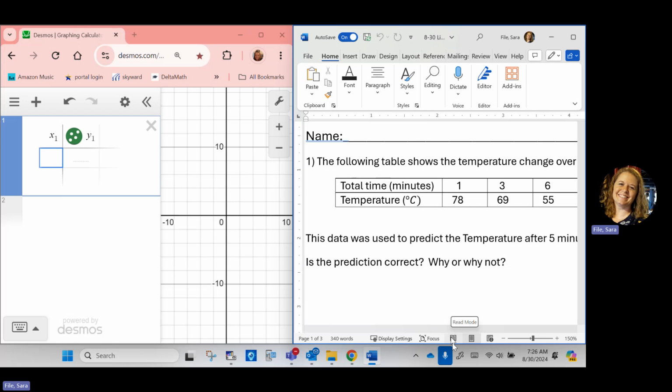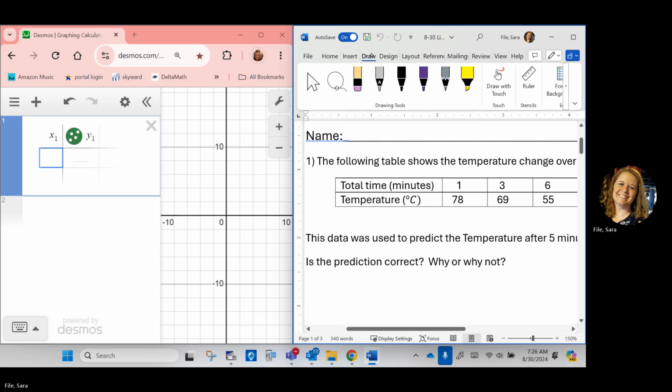So over here in the time versus the temperature, the temperature is dependent on how much time has passed. So the temperature is the dependent Y and the time is independent X.